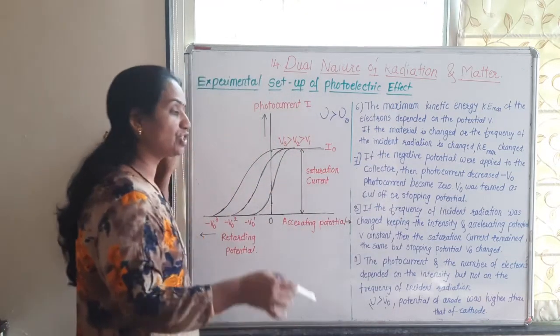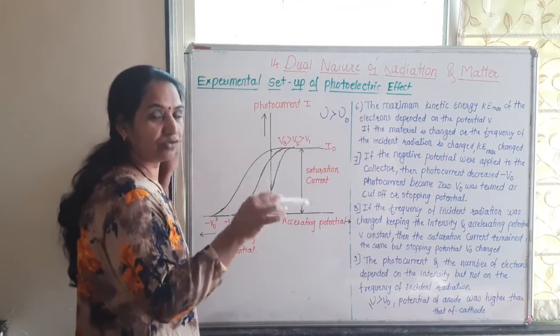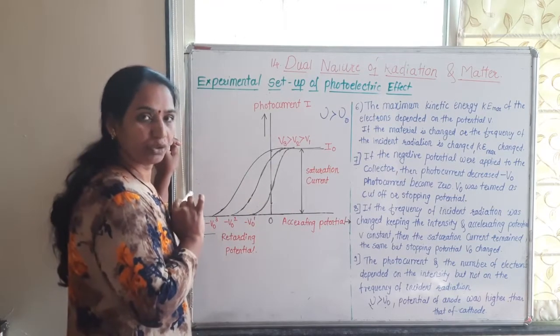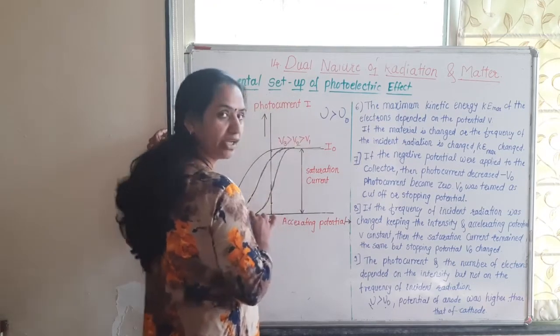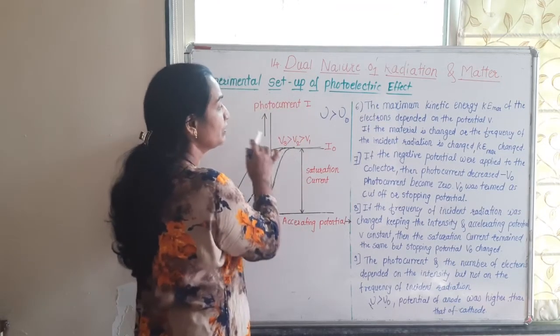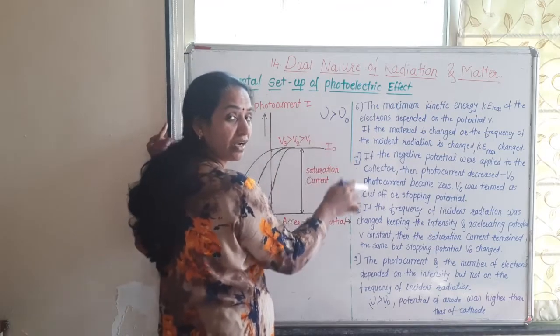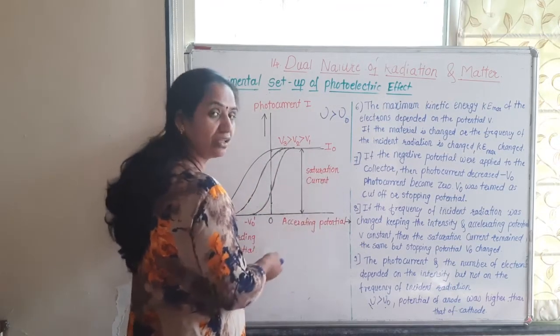That means the potential of the anode is higher than the potential of the cathode. In the experimental setup of the photoelectric effect, we studied there are 9 observations.